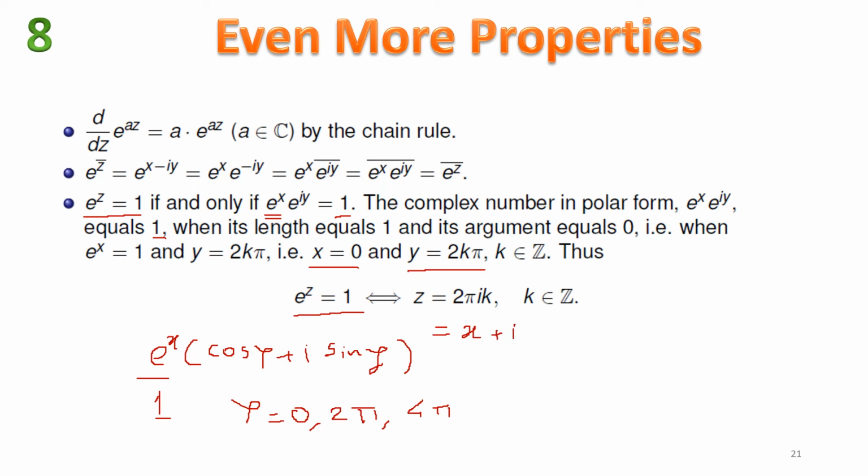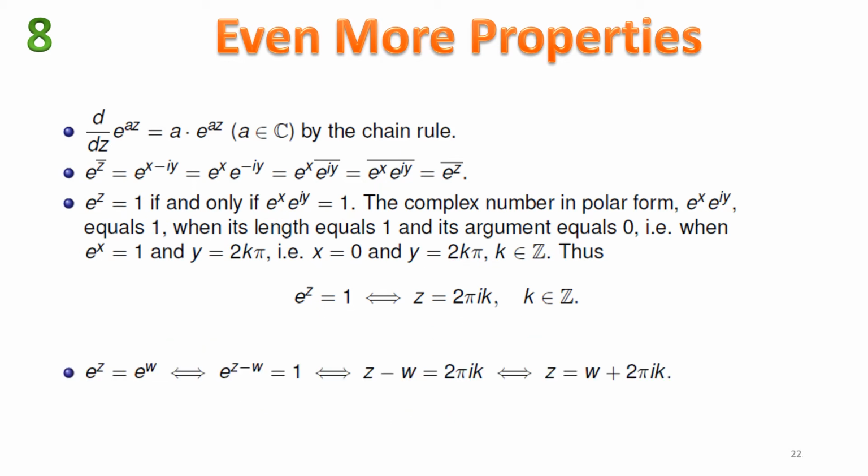So x is 0, so this is vanishing, and y is replaced by 2 pi k. So 2 pi k should be the value of y for the exponential function to reach unity always.